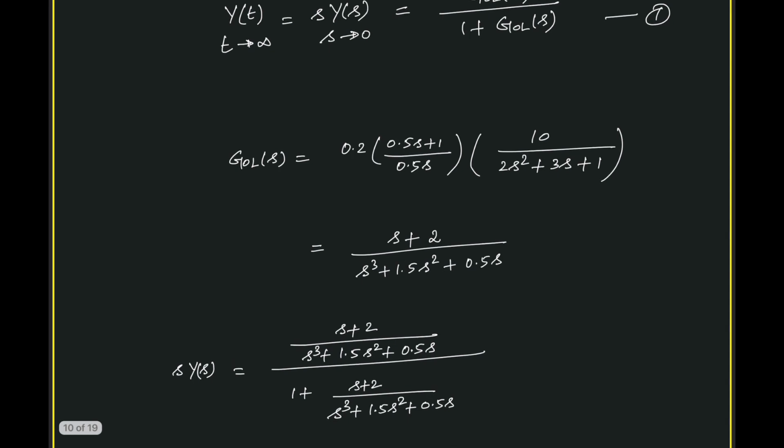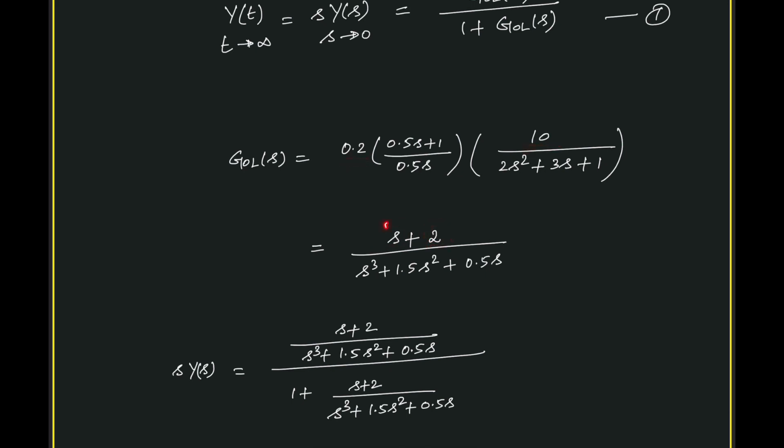This will have 0.2 into 0.5 into 10, which is equal to simply again 1. So we have s and 0.2 into 10, which is equal to 2.